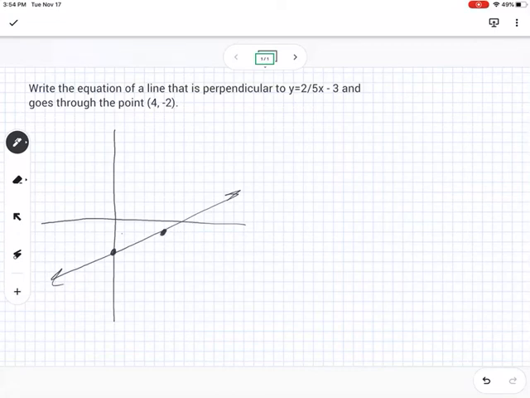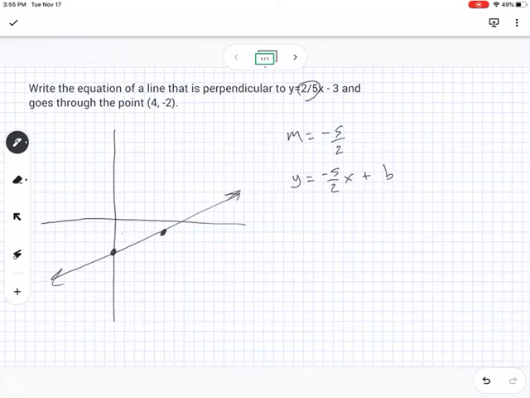Now we're looking for a line that's perpendicular to that. And so the first step is, because it's perpendicular, our slope is going to be the opposite reciprocal. So that's positive, so it's going to be negative. It's 2/5, so we're going to flip it upside down and say -5/2. And now this just becomes the problem that you've done a lot recently, which is find the equation of a line where you know the slope and you know one point.